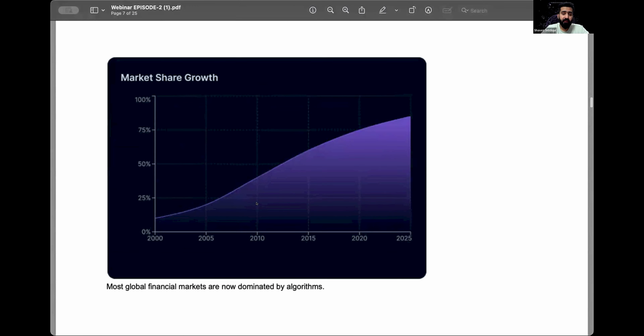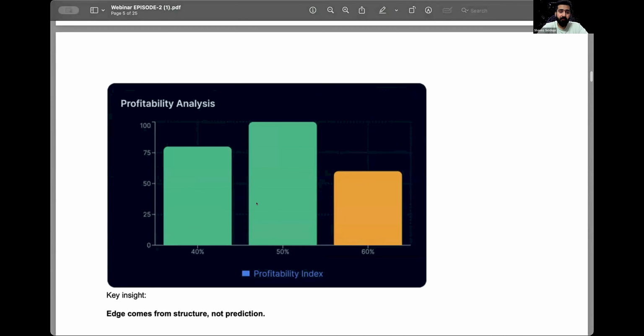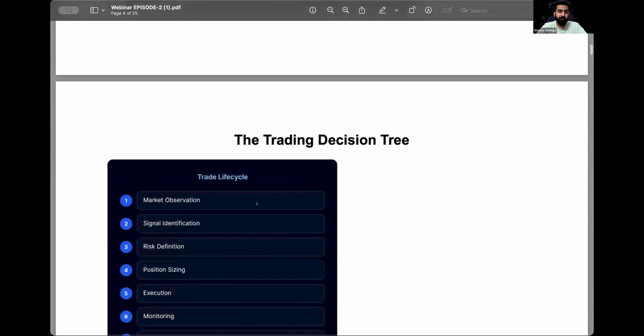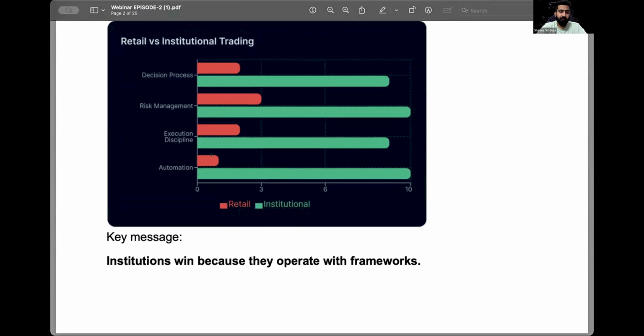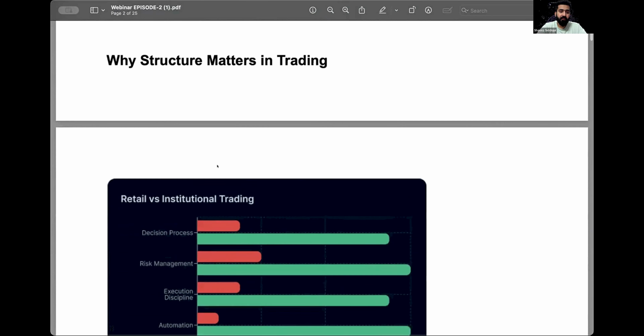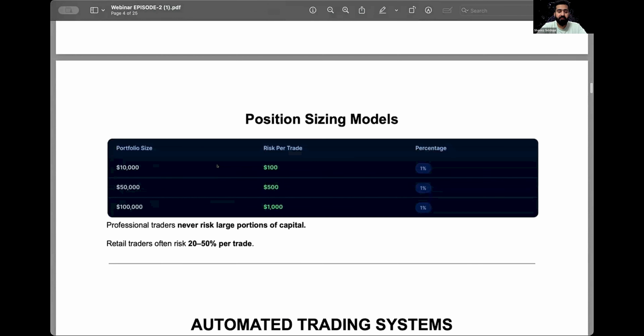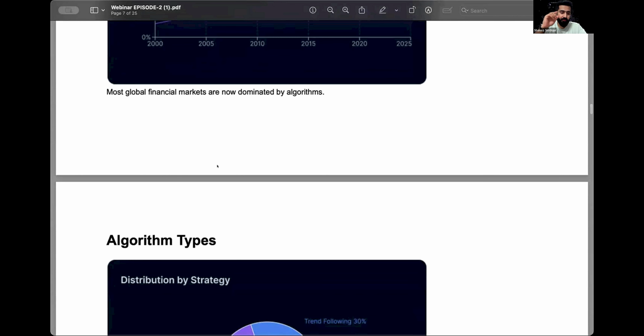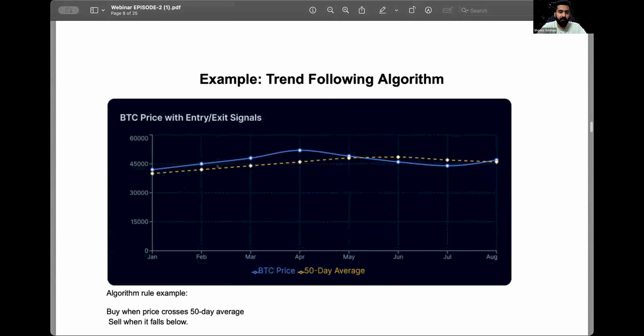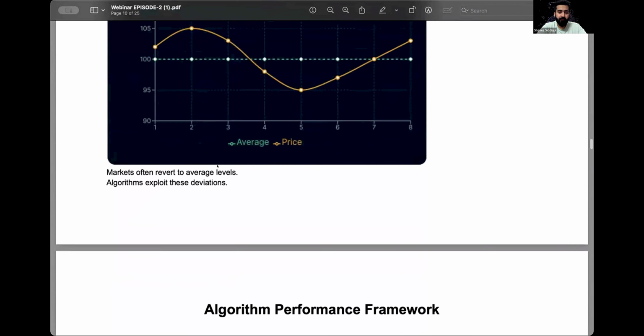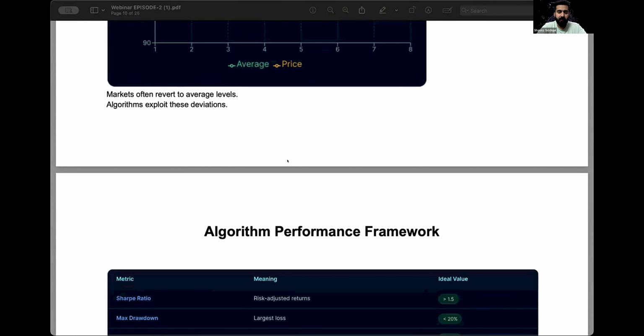Let me come back to execution discipline and the destruction of accounts. I have to go to yesterday's document where I gave the example of how people lose money and the accounts get blown away.